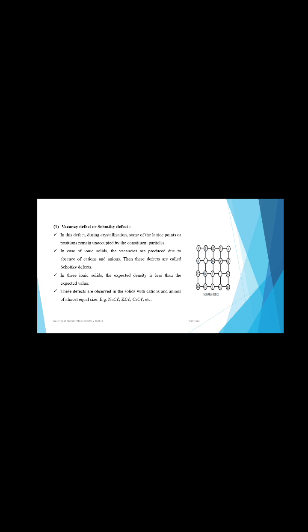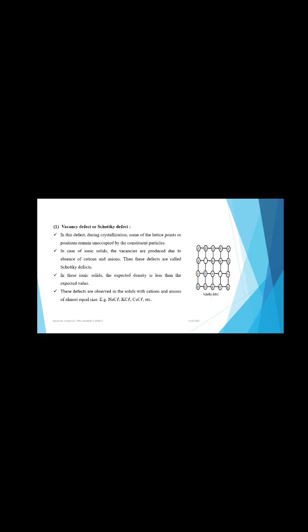In this ionic solid, the expected density of the solid decreases because some ions are missing. As a result the mass of the whole crystal decreases, but the volume remains as it is, and that's why we expect the density of such a solid to decrease.